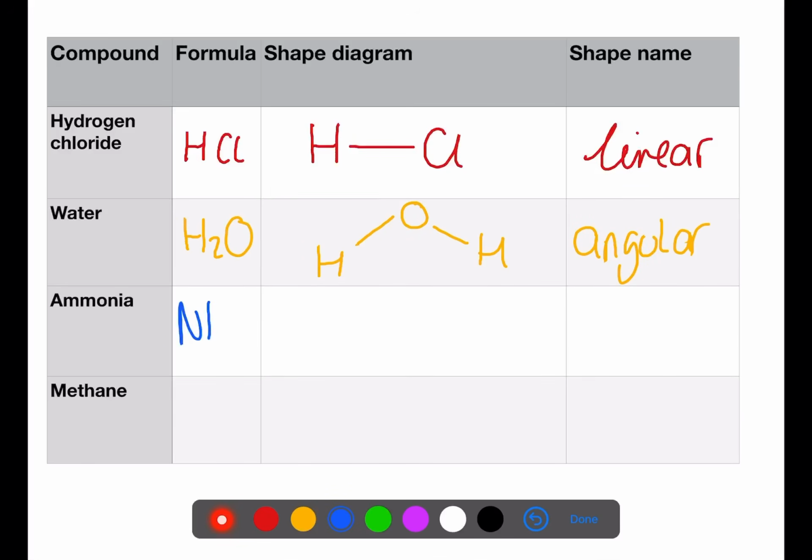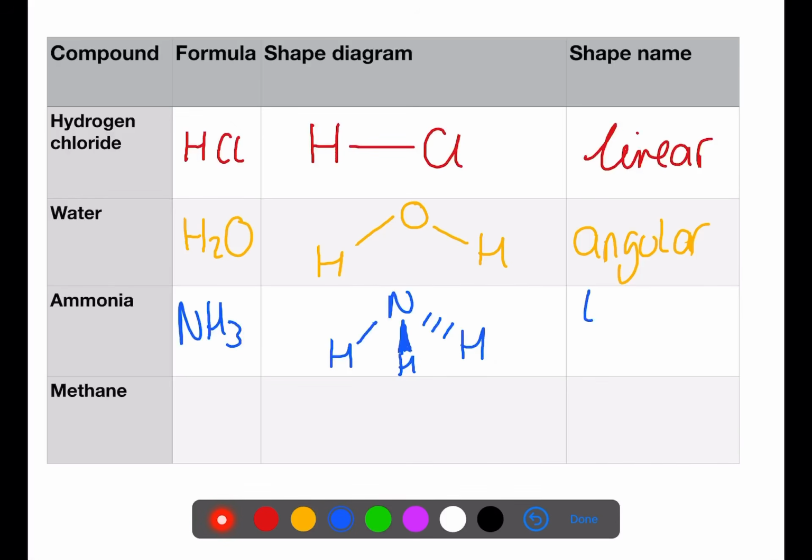Ammonia has a formula NH3. And again, due to the lone pairs that are on the nitrogen, we get this slightly different shape than may be expected. The wedge shape here shows that this hydrogen is facing out of the page towards you, and the dash shape here shows that this hydrogen is facing into the page away from you.